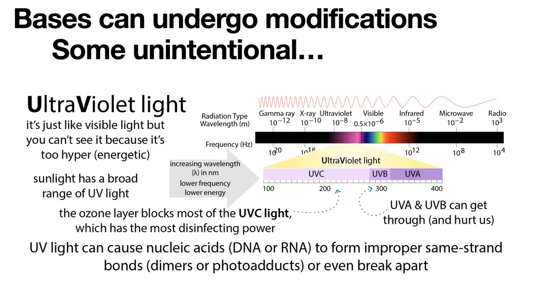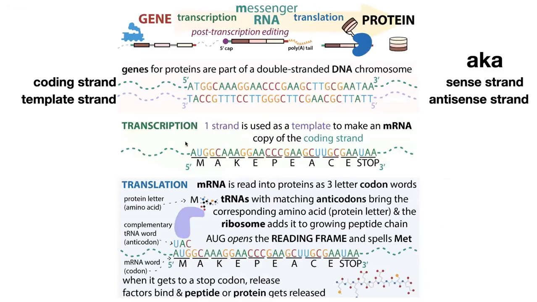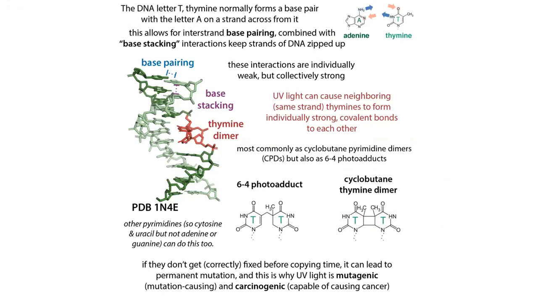UV light, so ultraviolet light, is highly energetic light. We can't see it because it's so energetic, our eyes don't have the receptors for it. But our DNA bases can absorb it, and our RNA, and it can cause these things called adducts, these photoadducts, where basically the bases, rather than just form their nice base stacking interactions with one another, actually form covalent bonds with one another.